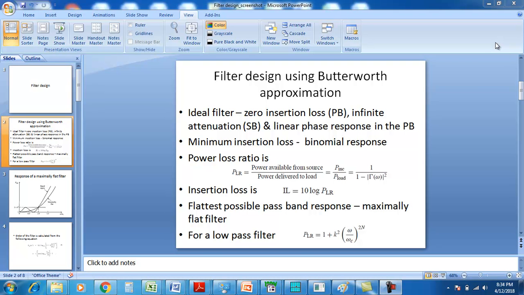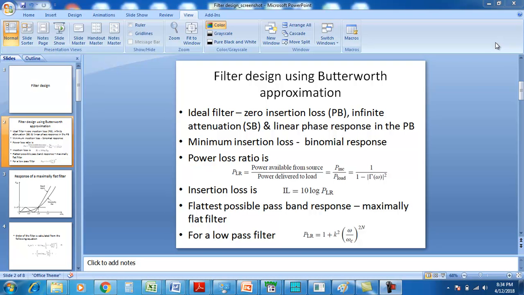If we want to design a minimum insertion loss filter, we go for the binomial approximation method. That type of response is called binomial response. In the binomial response, we consider a power loss ratio.